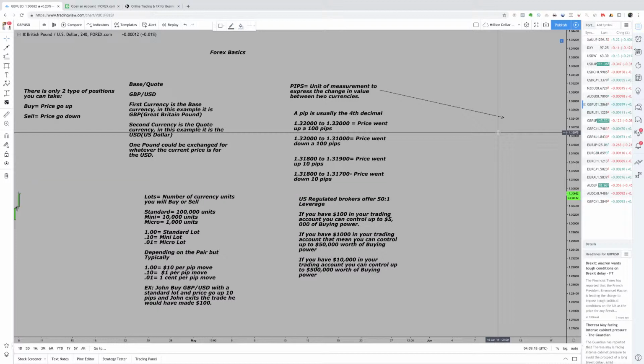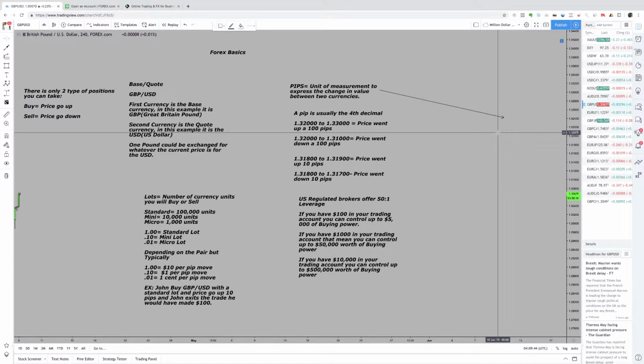If you have $10,000 in your trading account, you can control up to $500,000 worth of buying power. Leverage is amazing if you use it correctly, there's a lot of opportunities to make a lot of money. But also the flip side of leverage, a lot of people abuse it. You can lose a lot of money quickly with leverage.